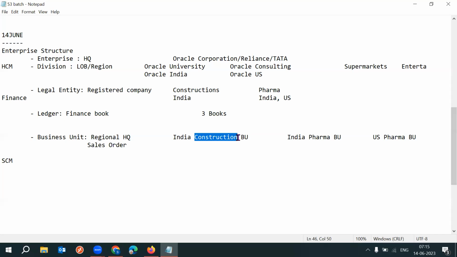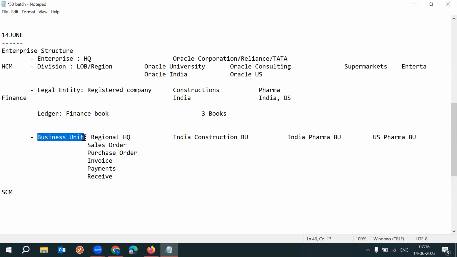Or the sales order may be related to the India pharma BU, or to the US pharma BU. Not only sales orders, at the BU level we create purchase orders also. And we create invoices, we make the payment to our suppliers, and we receive the payment from our customers. So all these transactions happen at the business unit level.